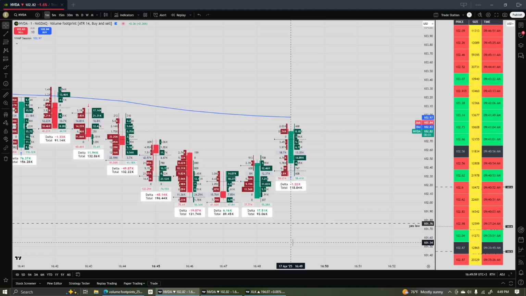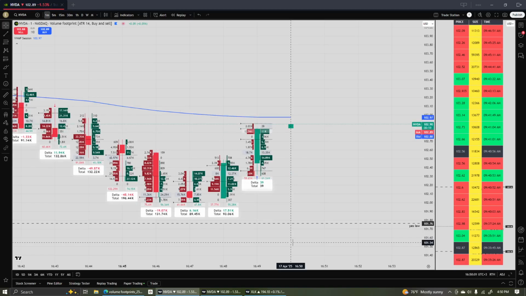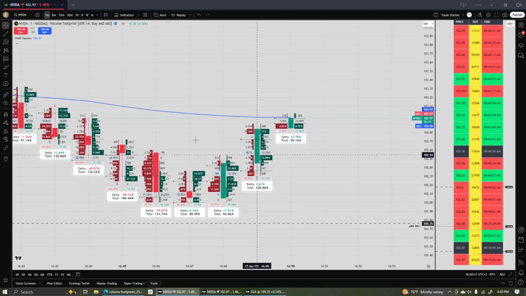Do we go for another round? I feel like I'm slightly tired, but buyers did not win by a lot. There was not a lot of green. Price at the VWAP struggling a bit. So the price went all the way from 102 to 103.